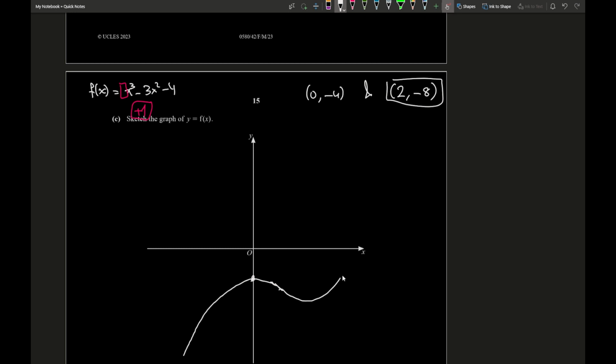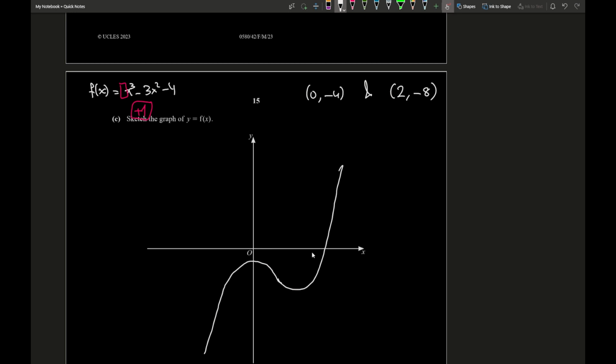After that it goes up. But let's make it smaller. Let me resketch it again. Okay, nice. So this is going to be 2, negative 8 and this is going to be 0, negative 4. This is the function y is equal to f of x.